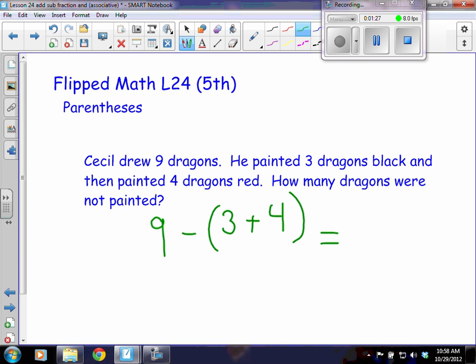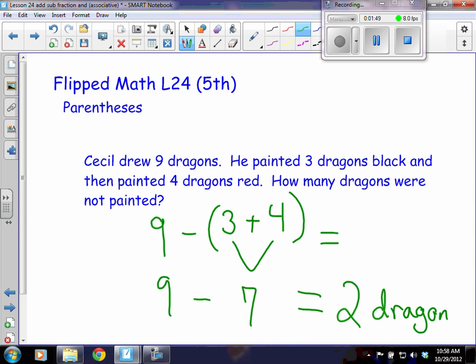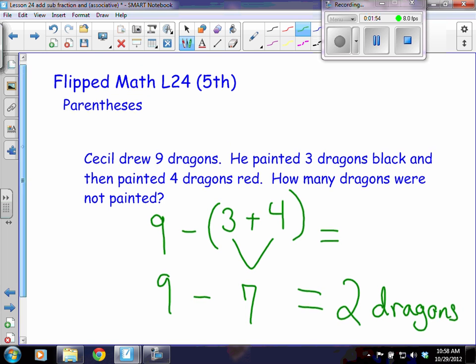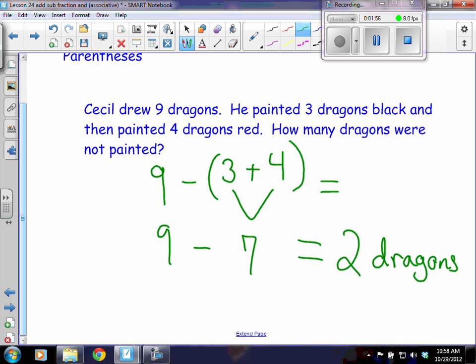So our first step in this problem is going to be 3 plus 4, which is going to give us a 7. And then we can bring our problem down, and so now our new problem is 9 minus 7, which is going to give us an answer of 2. And this also solves our question of how many dragons were not painted. We would say 2 dragons. And so we have this idea, parentheses, helping us correctly follow an order of operation.